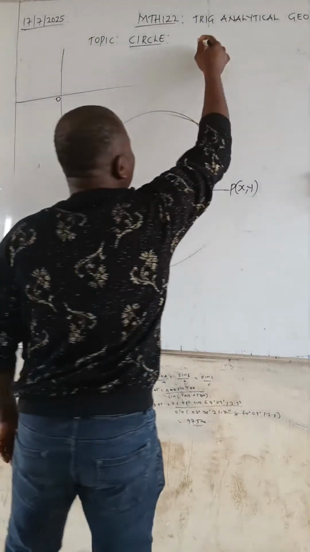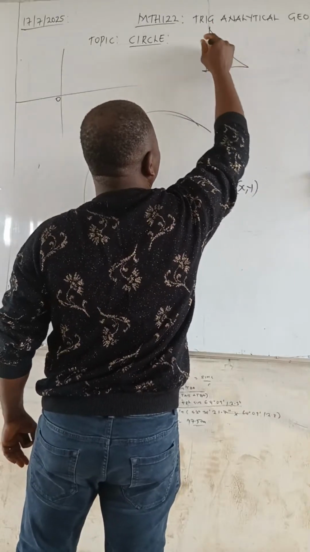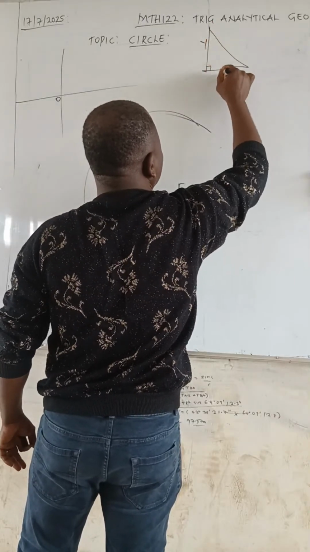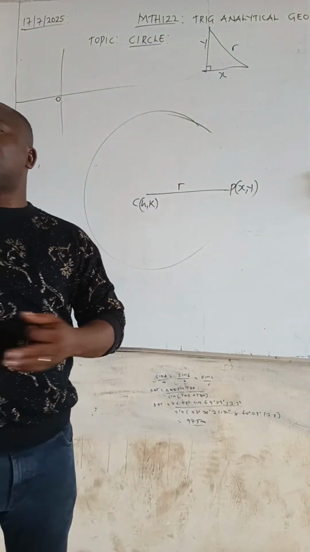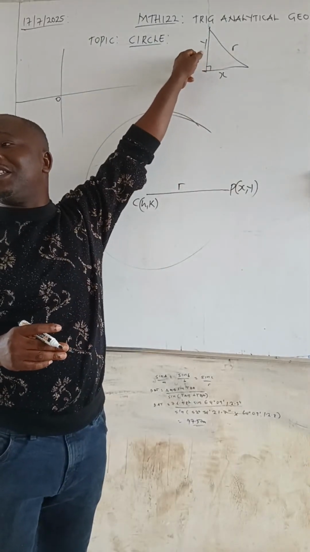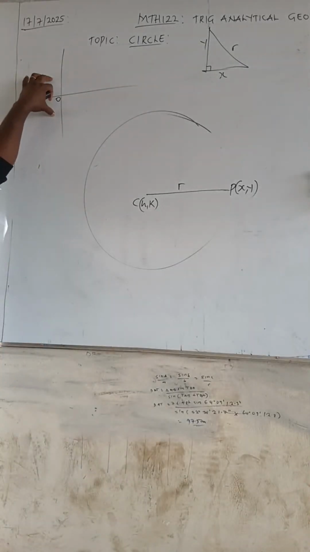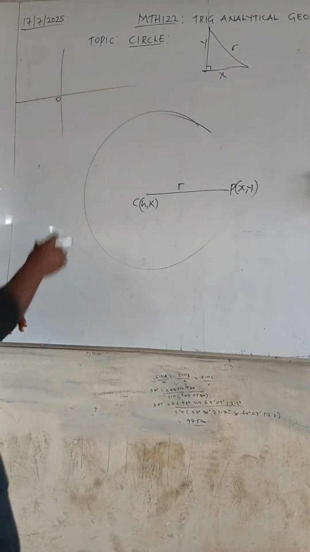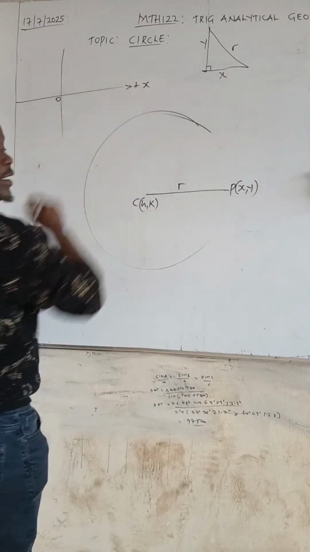You know that our Pythagoras is this form, a right angle triangle, with y, x, and this is r. You people just assume that this is x, this is y, but how this y and x are generated is from this plane. Amen? In this plane, you know that this is our plus x axis.